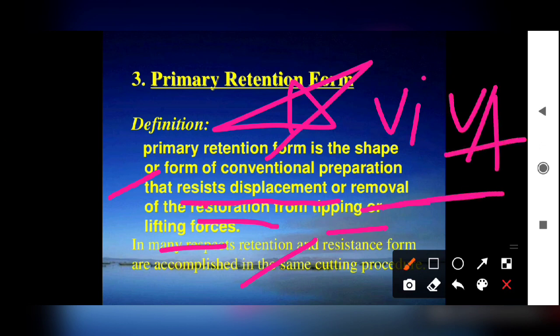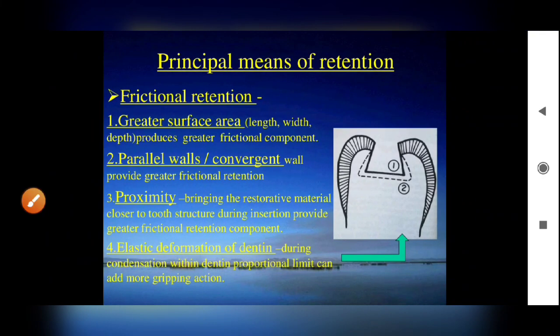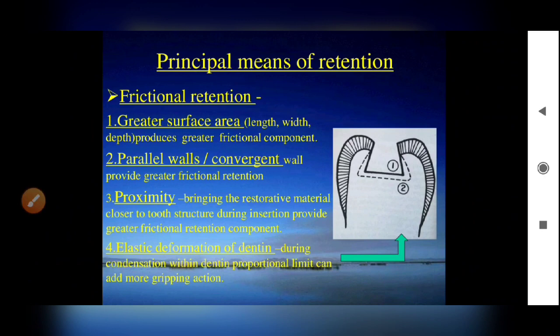It's mostly asked in viva, so guys, please remember it. What is retention? It resists the displacement or removal of restoration from tipping or lifting forces. It is the definition, and the features are more important, remember.